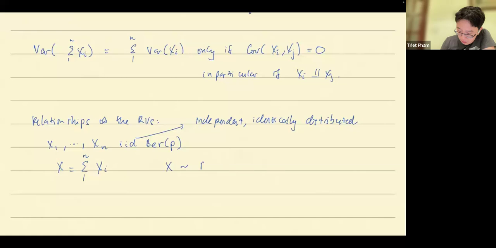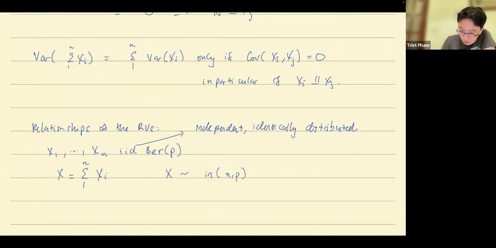Well, you will get a binomial. It's just sort of clear that it works that way. Because what is a binomial? The binomial random variable is a random variable that describes the number of successes in n independent trials.